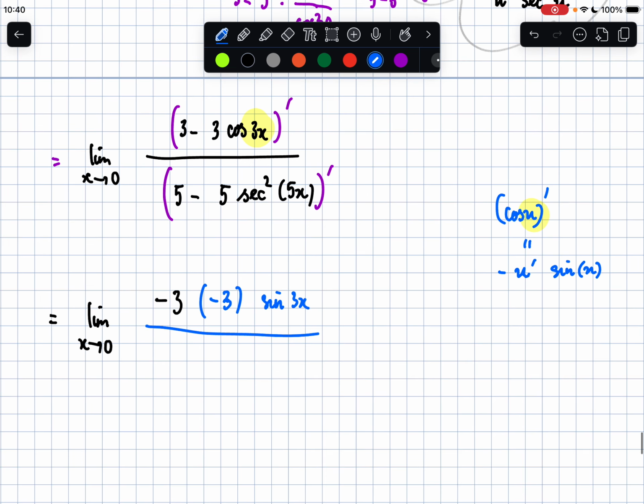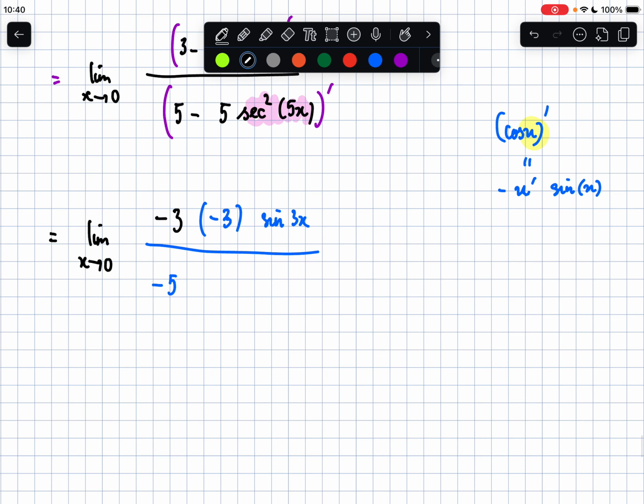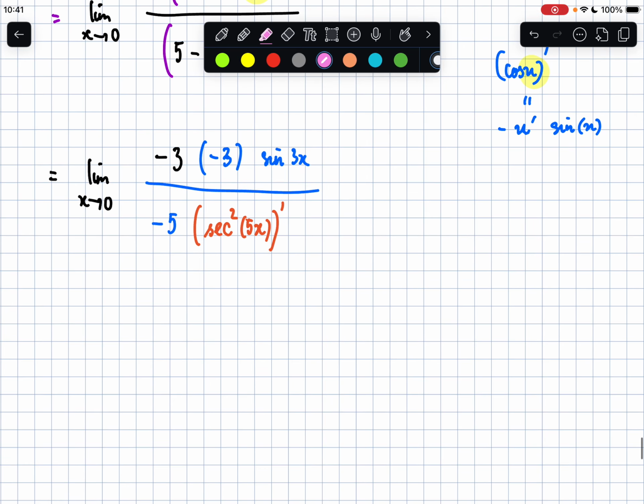And then you have 5 minus 5 here, and secant square prime. There are multiple ways to write this down. To make it easy to explain, I write down the chain rule by writing the chains for this one. Minus 5 times secant square of 5x prime. So let me just compute this one.